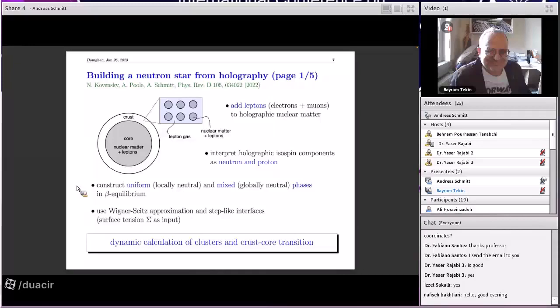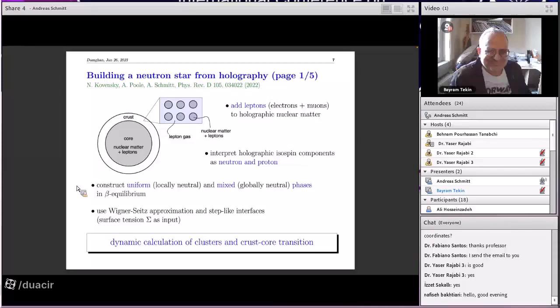It's made of a crystalline structure where nuclei are immersed in a lepton gas, as you can see in this little sketch here. So in our holographic calculation, these bubbles, these nuclei, will be the nuclear matter constructed from holography. And I do add leptons to our action, to our free energy. In the core, I'm just using our homogeneous nuclear matter from holography.